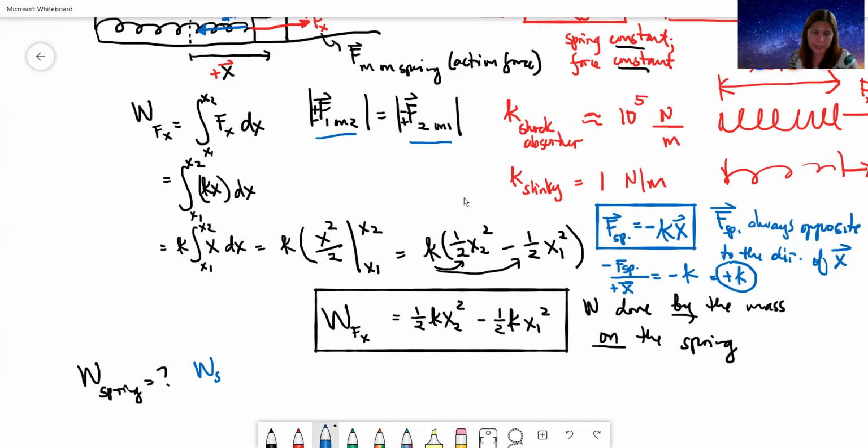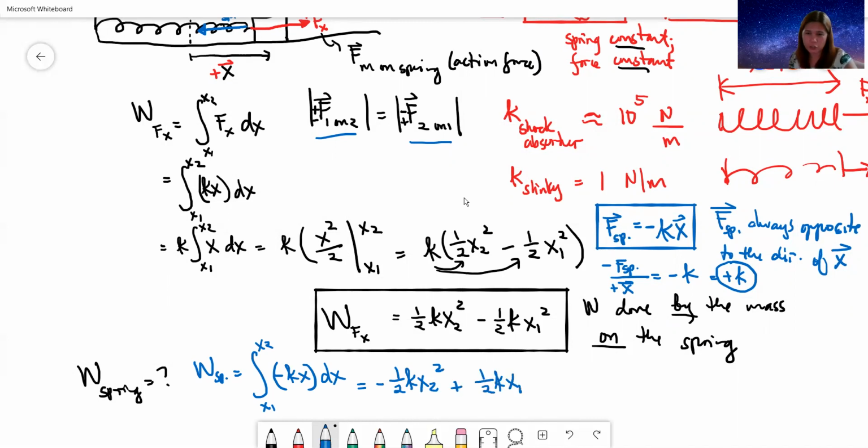The work by the spring will now become negative kx dx, still from x1 to x2. Same process, but the sign flips. The final position term becomes negative, and the 1/2 k initial position term becomes positive.